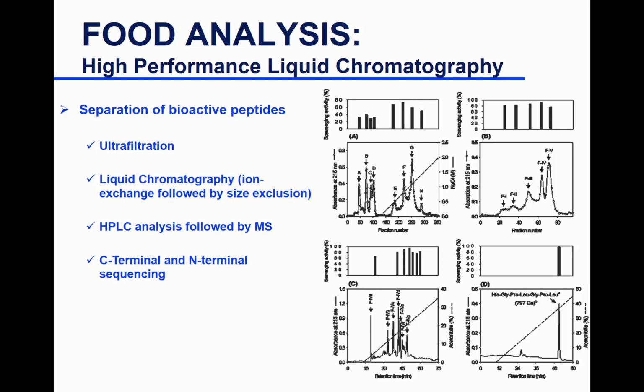Again, I separate them, look at the fraction with the highest bioactivity, and then take it to reverse phase chromatography, and then do sequencing with LC-MS. So you can do multiple layers of separation, and that's partially to Zach's question: when you have a really complex mixture, you have to do several levels of separation.